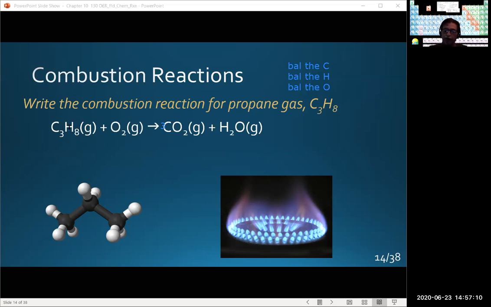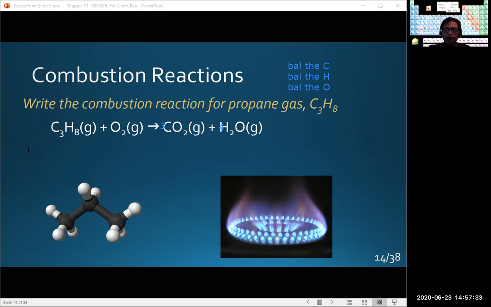Well, in propane, there are 8 hydrogens as a reactant, and there are only 2 hydrogens in water. So to make 8, we put a 4 in front of water. I apologize for my 4 there, but hopefully you get the gist of what I'm trying to do.